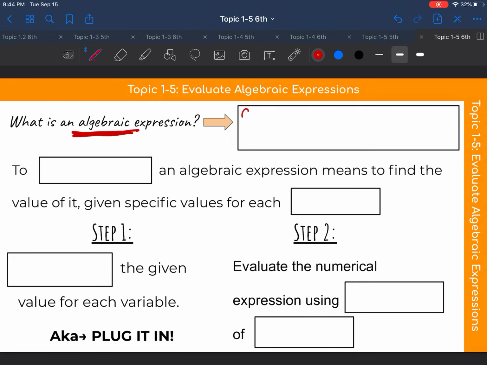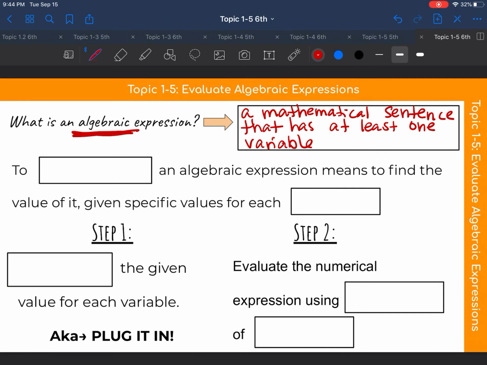So the definition of an algebraic expression is a mathematical sentence that has at least one variable and one operation. And by operation, I mean addition, subtraction, multiplication, or division.